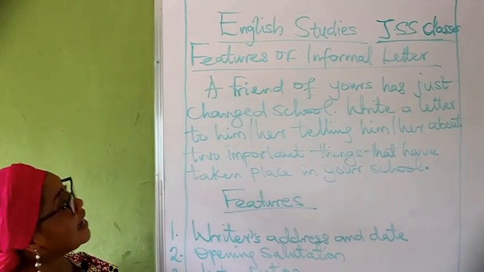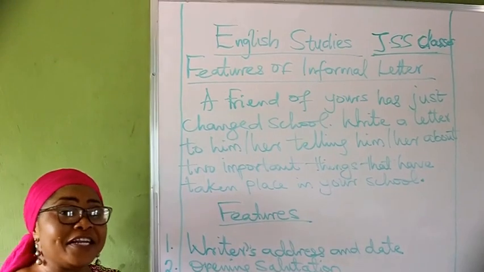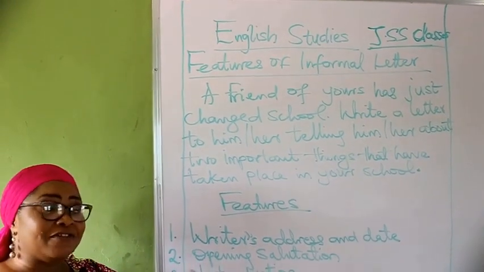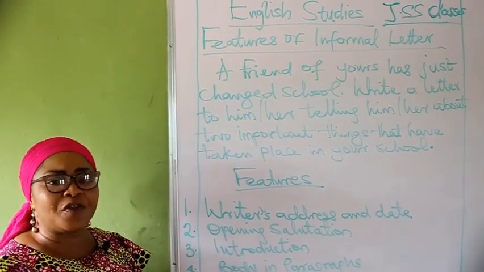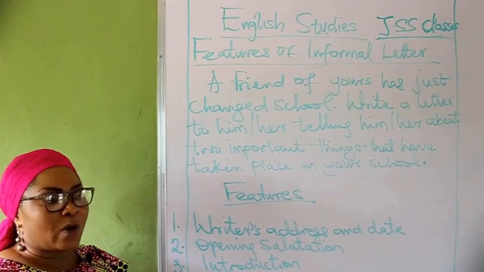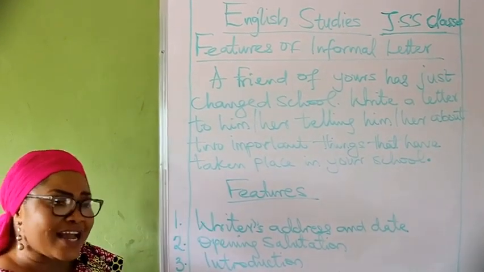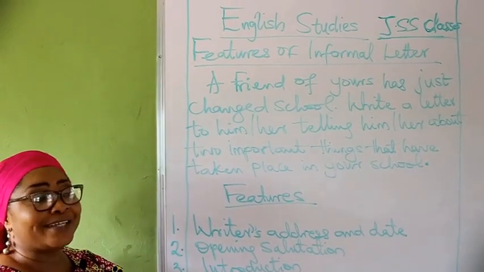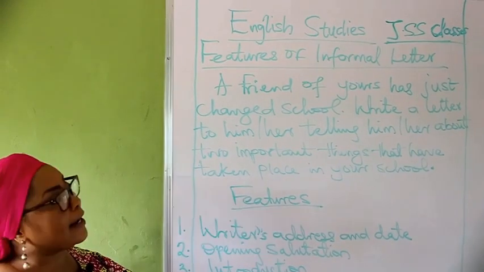Another name for an informal letter is a friendly letter. It's a friendly letter because it gives people room to air their views the way they feel about situations of life. It gives room for a chatty environment, or it creates an avenue for one to air one's view without holding anything back.